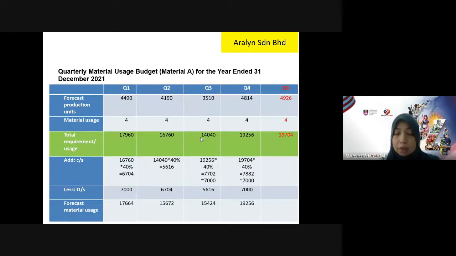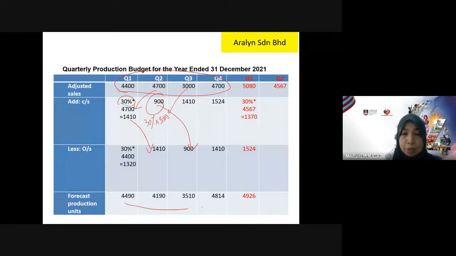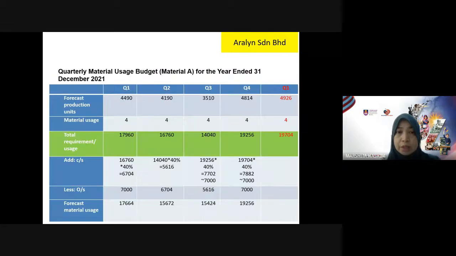Next, from the production budget, we transfer to the material usage budget. Then we multiply by the usage we calculated just now, and then you get your total requirement or usage of material for quarters 1, 2, 3, and 4.